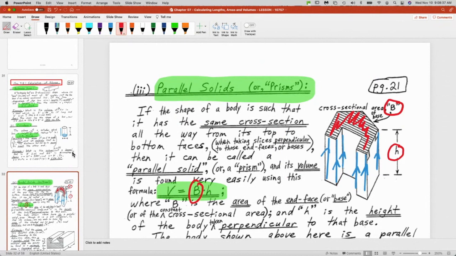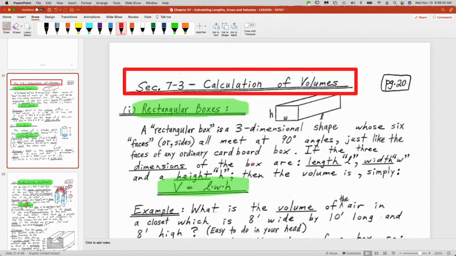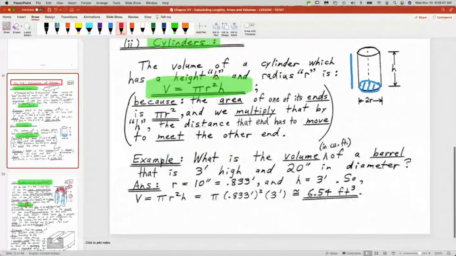If you go back to the previous page and look at the cylinder, that's exactly what we have here. See, pi r squared is the area of the base. So if we did base times height, then this B is pi r squared.